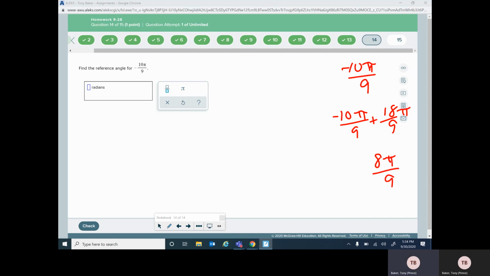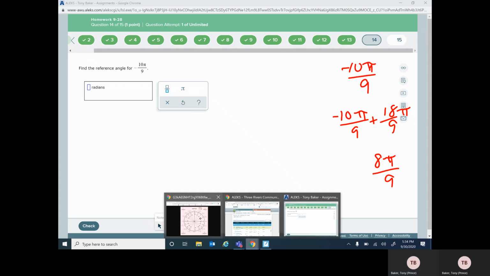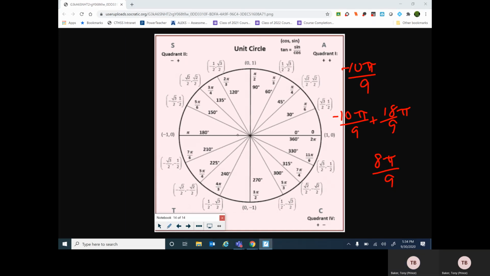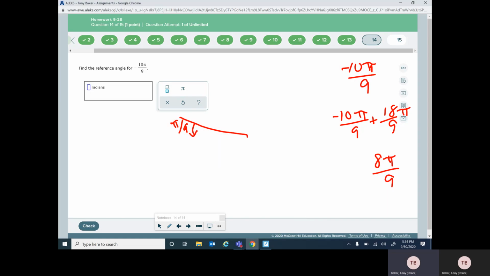So now the question is where does that fall? That's pretty close to pi. If I look at my unit circle, 8 pi over 9 is going to be right about there. So I'm looking to go to pi. That's just going to be pi over 9, because that would get me to pi. So my answer is pi over 9.